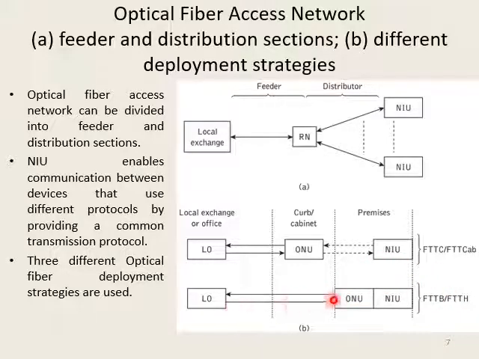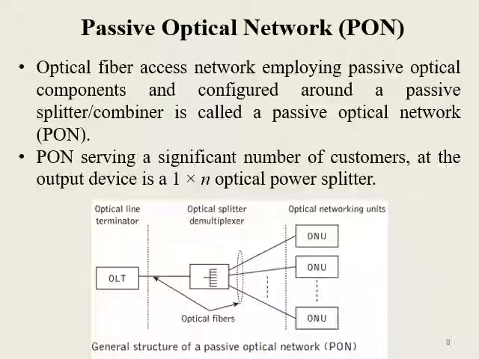So in between, a connection needs to be established from the local office to the optical network unit. Then the optical network unit feeds the information to the network interface unit, NIU. Later it reaches the user end, the premises end, which is mentioned here. This is how I make the deployment strategy with respect to the optical fiber access network.